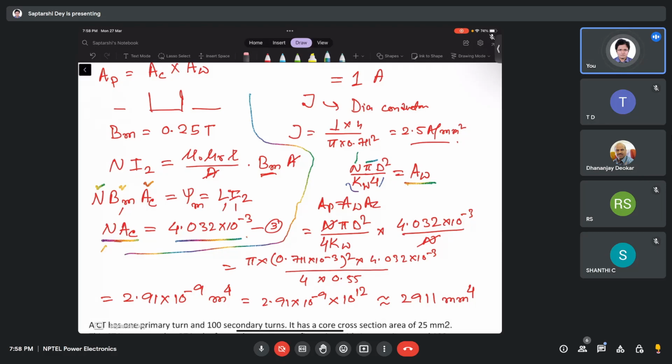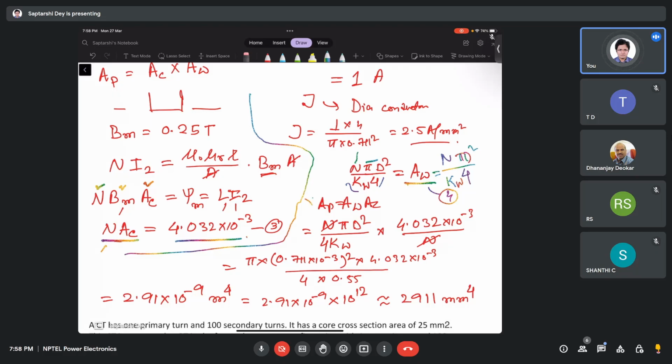So that is 0.5, that is given. So my n pi d squared by 4, that is the total copper area that I need, divided by kW is the total window area that I need, AW, right? So this is the expression for AW here, equation number 4, and this is AC.